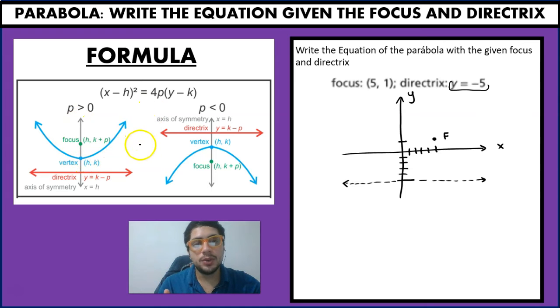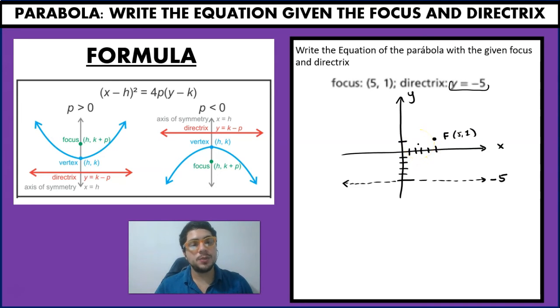Now, we know that our focus and our directrix, which is going to be here, minus 5, and our focus is going to be on (5, 1). In order to find where our vertex is going to be, we have to know that our vertex is going to be at an equal distance from the focus and the directrix, right? So because this one is on 1 and this one is on minus 5, the center is going to be (1 minus 5) divided by 2.